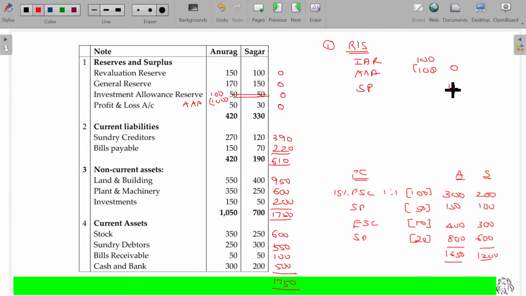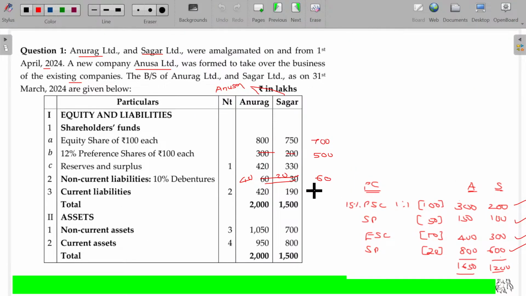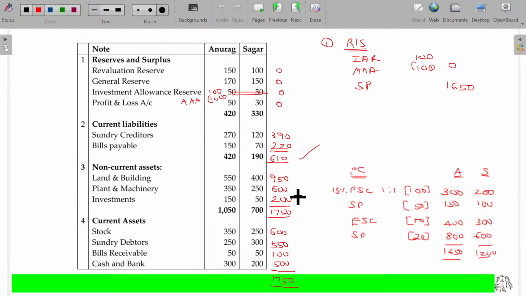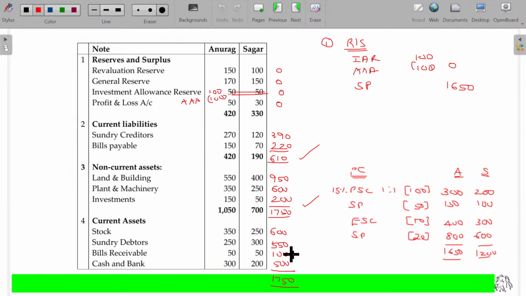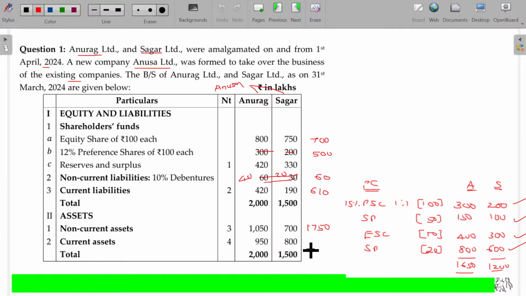So here securities premium 1650. Clear? 1650 will be the reserves and surplus. Schedule number 2 total being 610. Schedule number 3 total being 1750. Schedule number 4 total being 1750. Hope these two are the same value, 1750. Right.